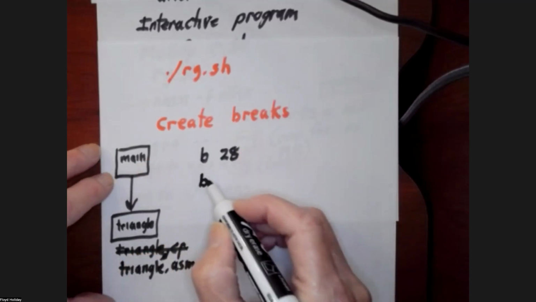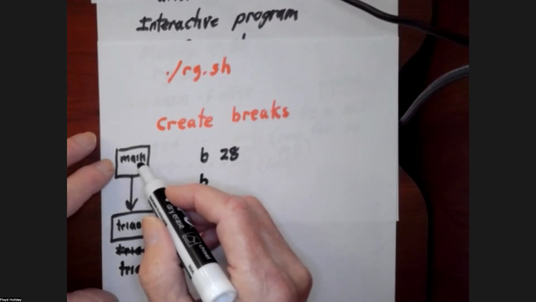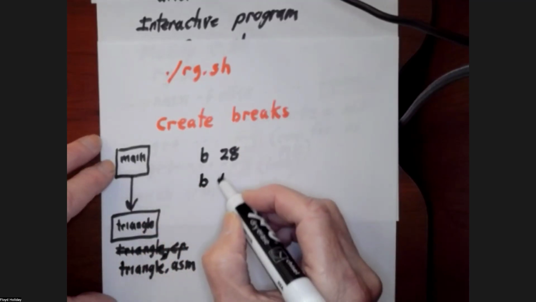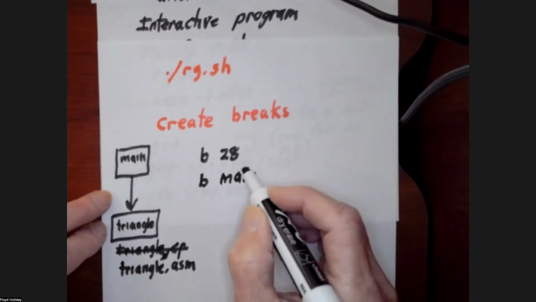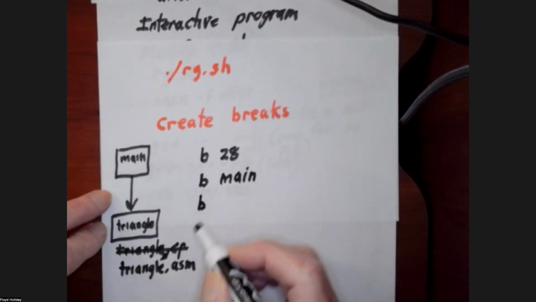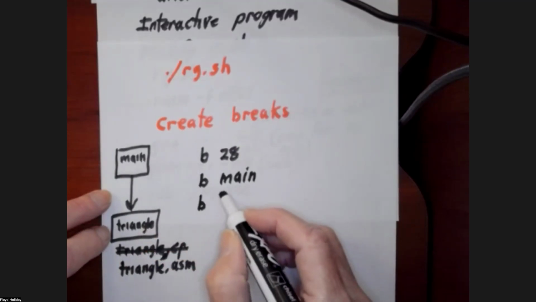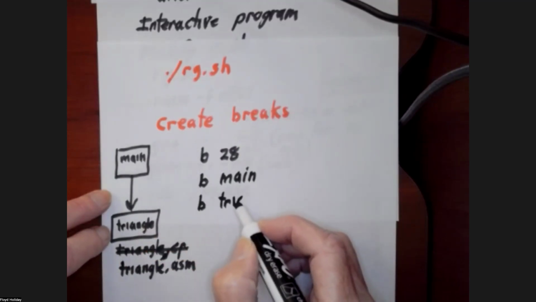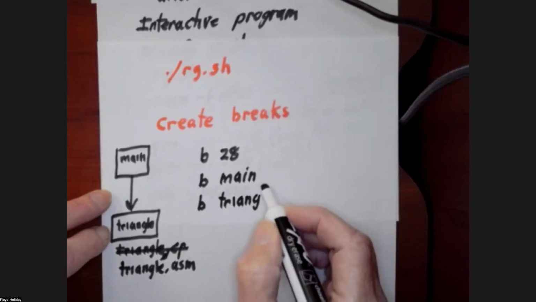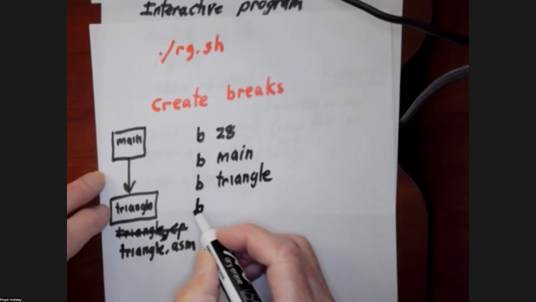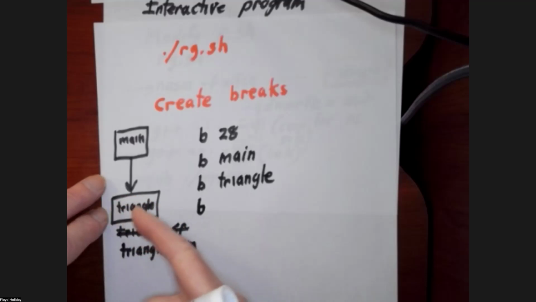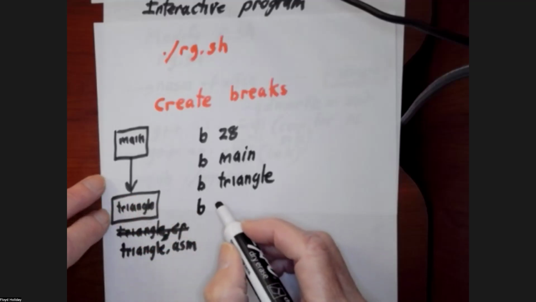We can create a break where main begins execution. We can create a break where main calls triangle. And we can create a break inside a called file, but it's a longer syntax.